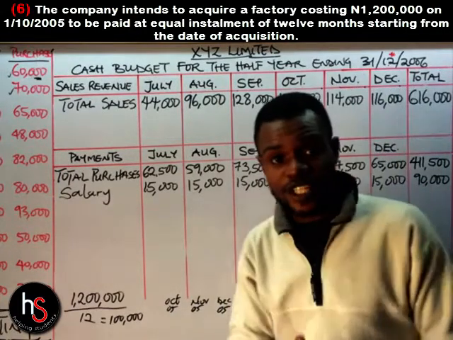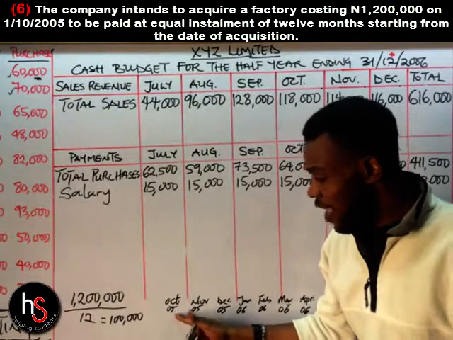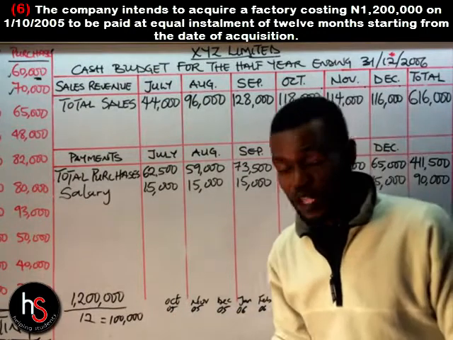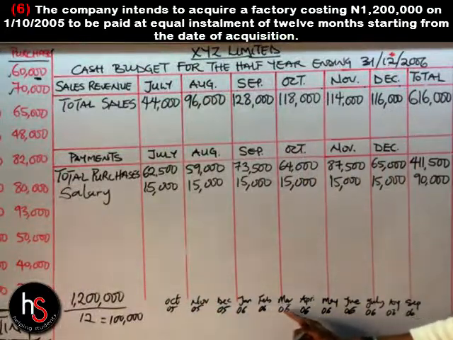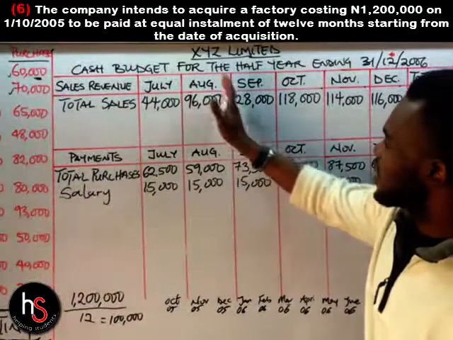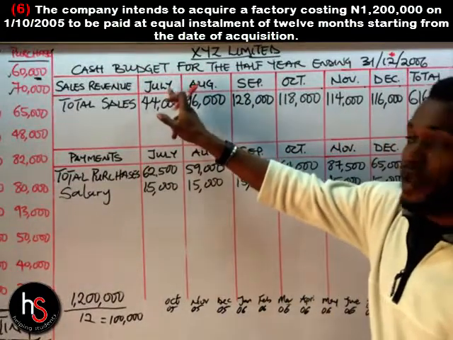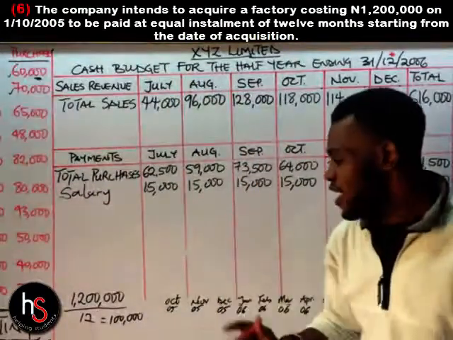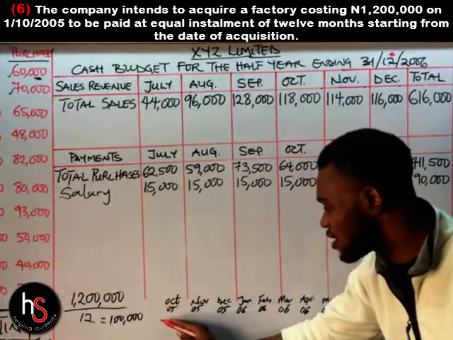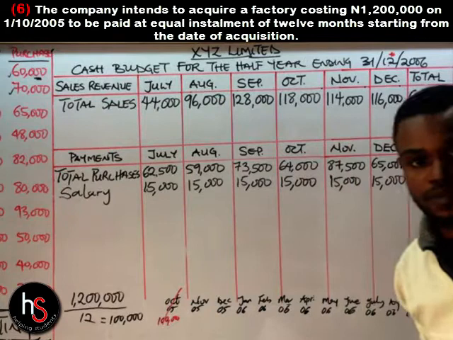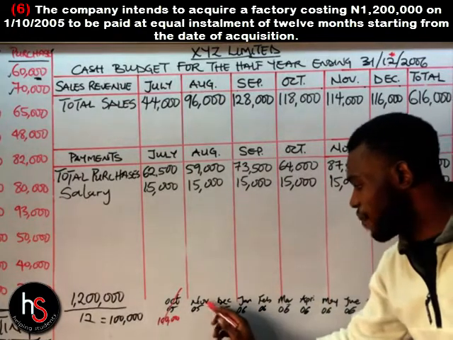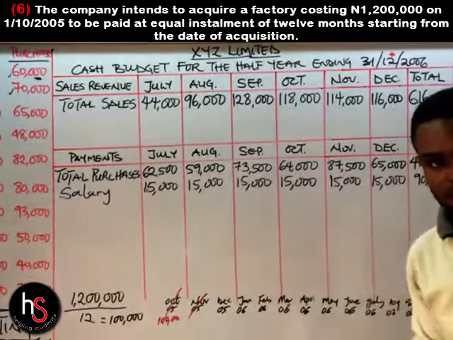Remember they said that the date of acquisition is in October and the payment is to be made in equal installments of 12 months. So we have 12 months being represented here, right? So our month of significance from this question starts in July 2006. It simply means that in October 2005 the company has paid 100,000. In November 2005 they have paid 100,000.